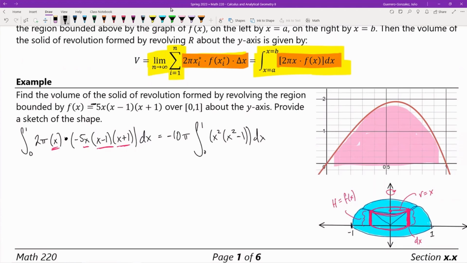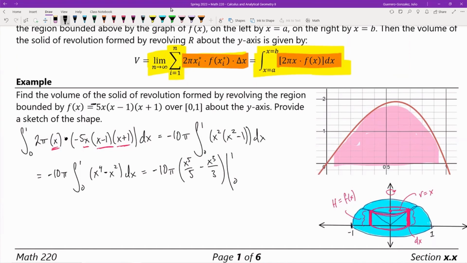Okay, and if you expand this, you get something nice. Whoops, forgot the negative 10 pi. Integral from 0 to 1 of x to the 4th minus x squared dx. That we can integrate, right? And when you integrate it, you get minus 10 pi times x to the 5th over 5 minus x to the 3rd over 3, evaluated from 0 to 1.